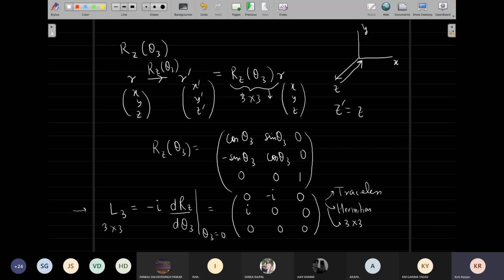Okay, let's see if we can understand this further. This is rather simple now. So can I write R_x(θ1)? Can you help me write this out?